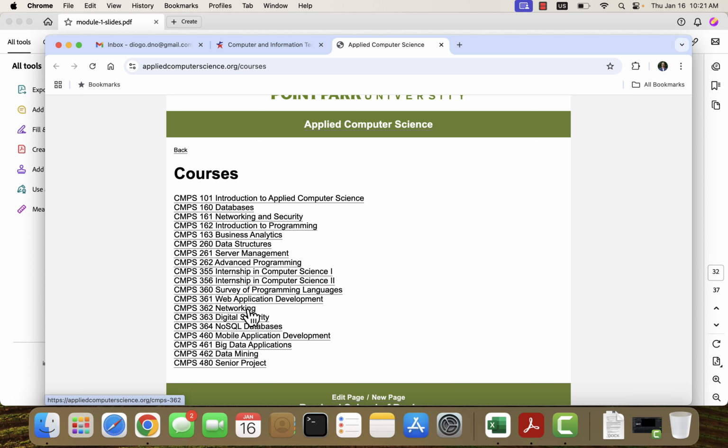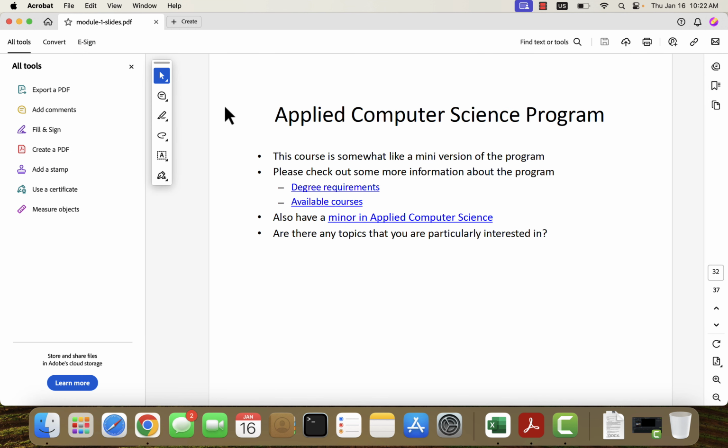So for example, networking, that's one. Digital security, that's another one. Big data applications and business analytics. Introduction to programming, advanced programming, right? So survey of programming languages, web application development. All these topics are associated with those topics that we are going to study.